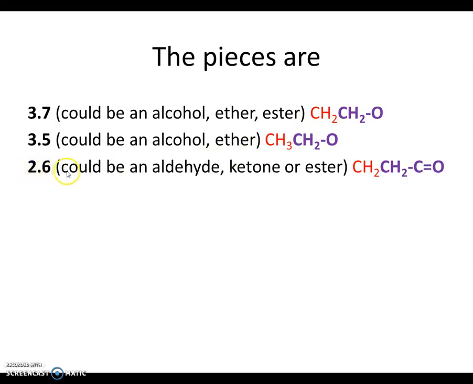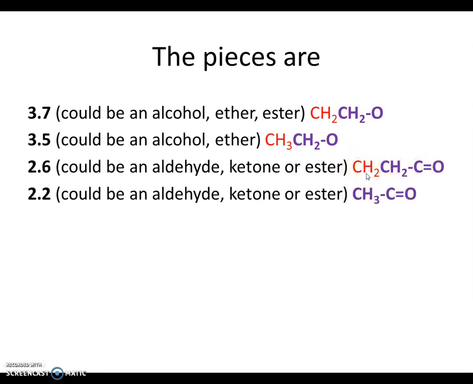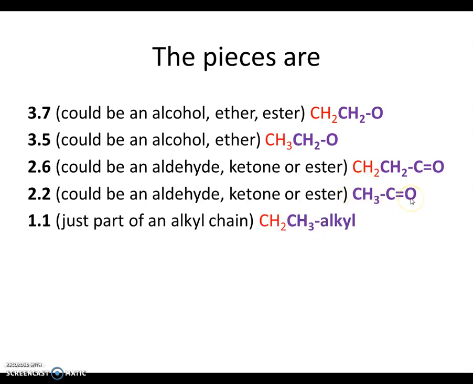The 2.6 signal, we said it was a CH2 next to a carbon-oxygen double bond, but because it was a triplet, it's also next to another CH2. At 2.2, we've got a CH3 next to a C double bond O. And at 1.1 we've got a CH2 and a CH3, so it's part of an alkyl group chain, so the signal's due to the CH3 group.